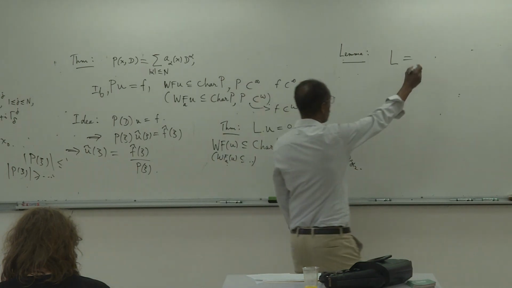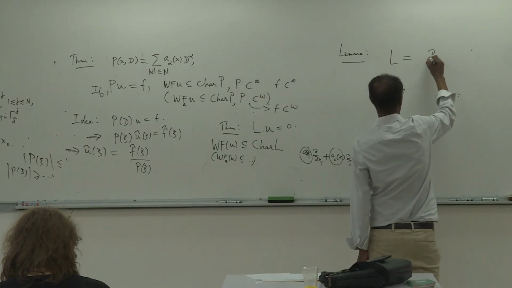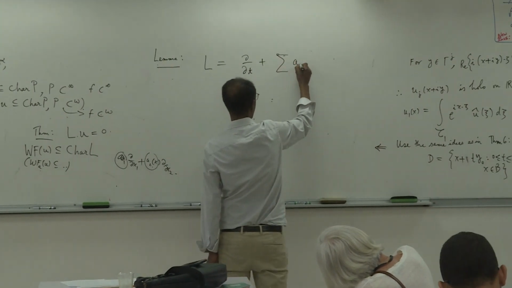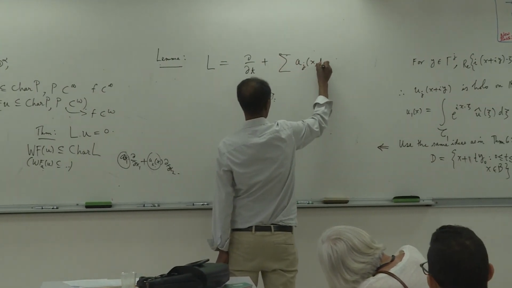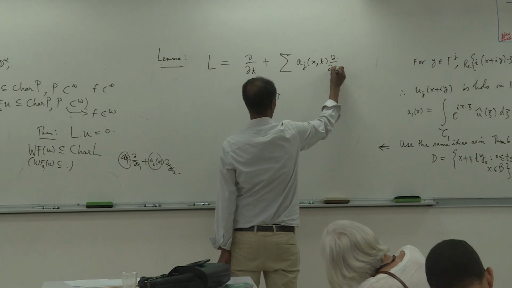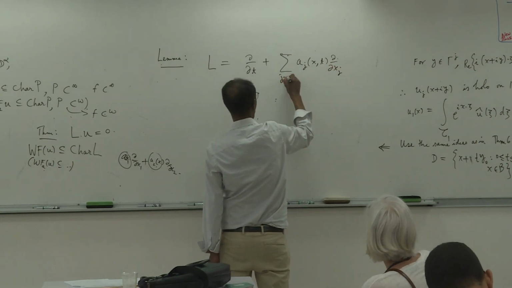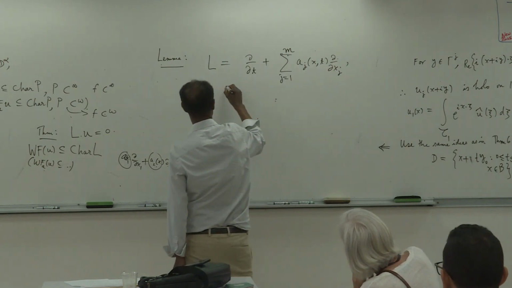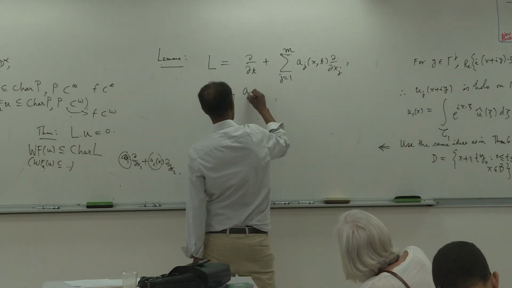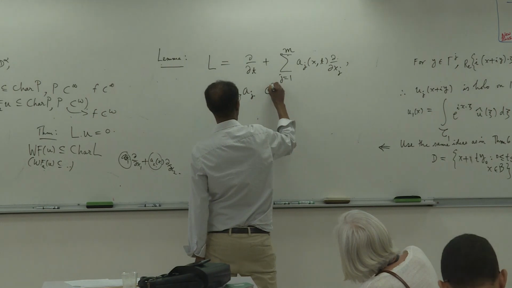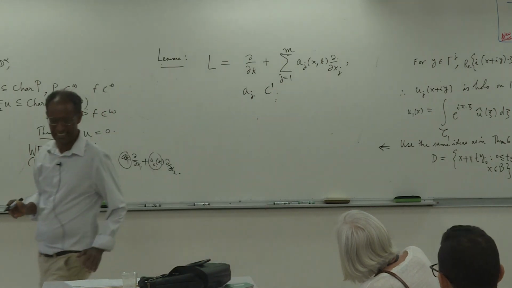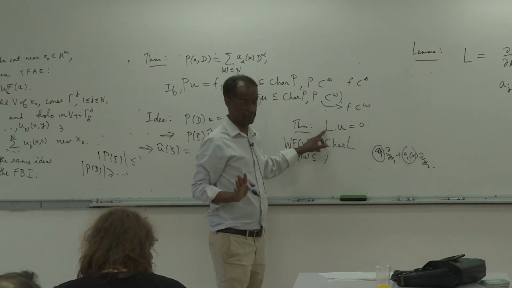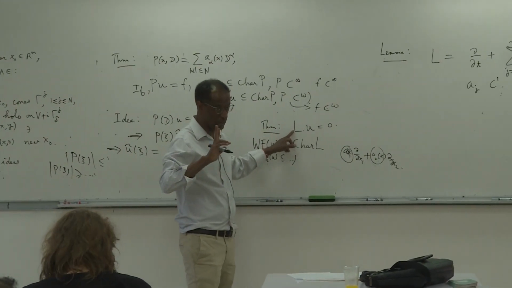So I write L as ∂/∂t plus a_j of x, t times ∂/∂x_j. For now let me assume that a_j is C¹. The theorem I'm going to prove here is for L C infinity, not L C¹.